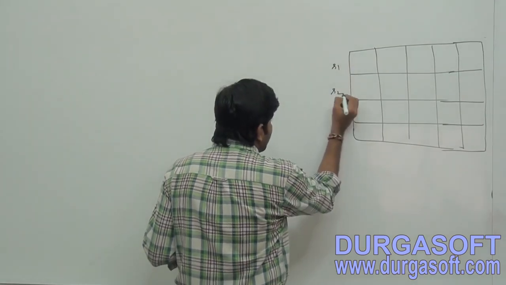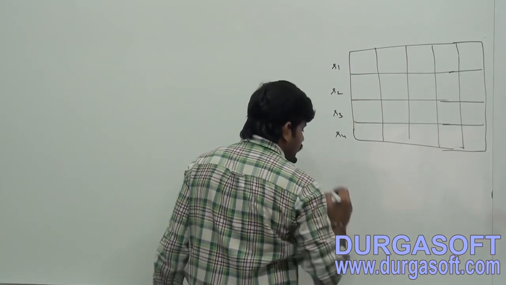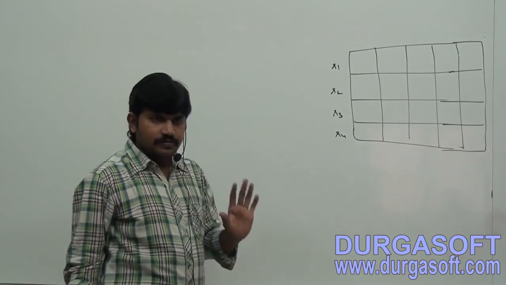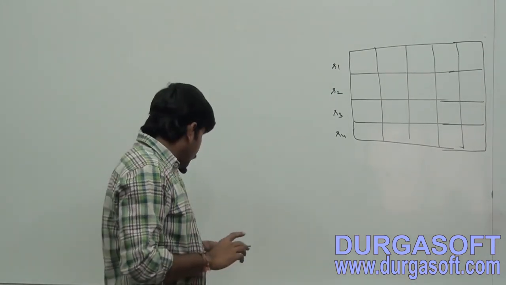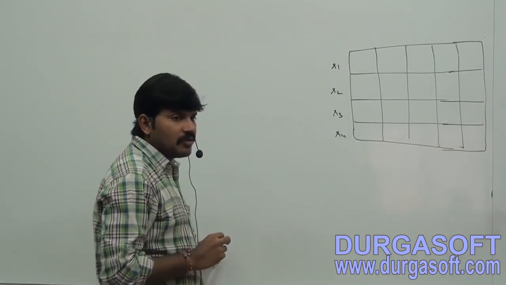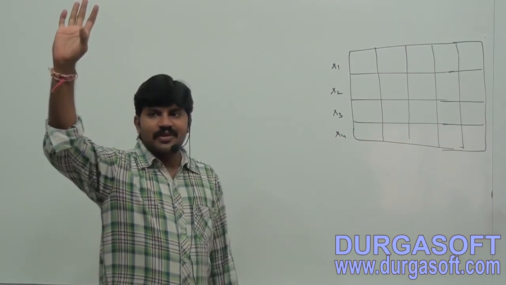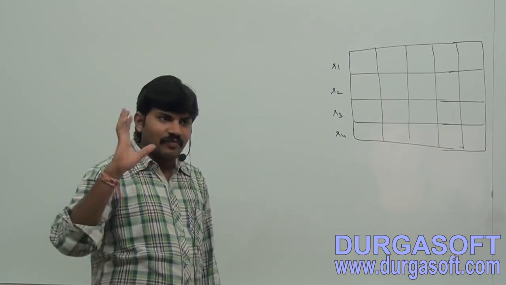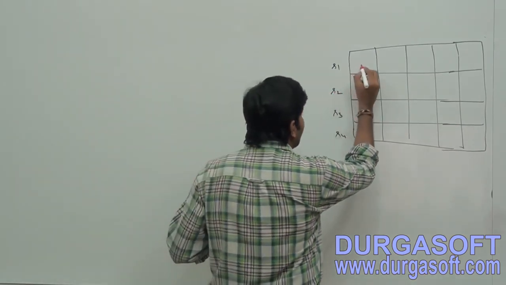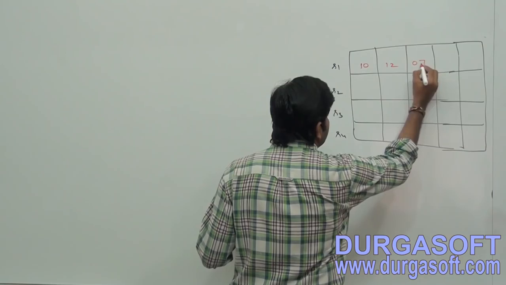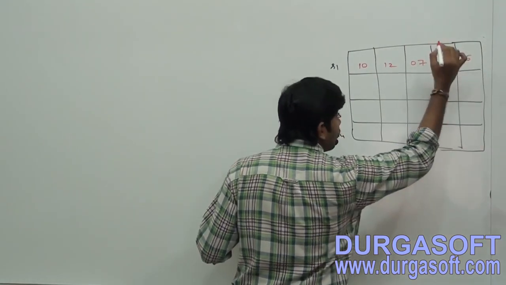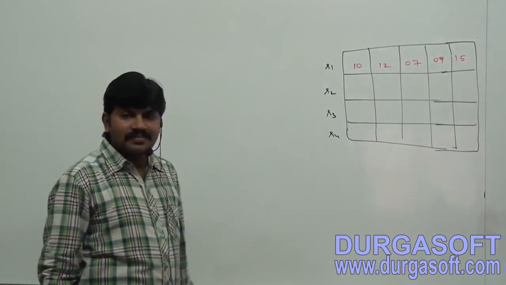First student, second student, third student, fourth student: S1, S2, S3, S4. First student, very intelligent person. In the supplementary, all the 5 subjects are there. Supplementary marks are out of 100: 10, 12, 07, 09, 15. Out of 100, very intelligent person.